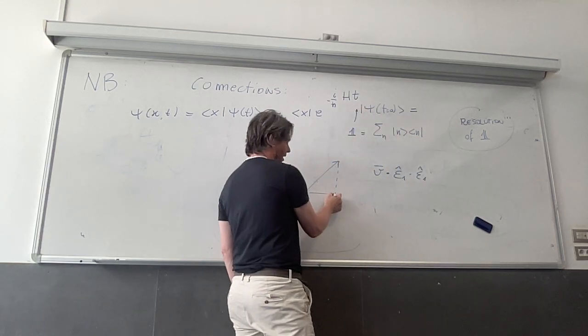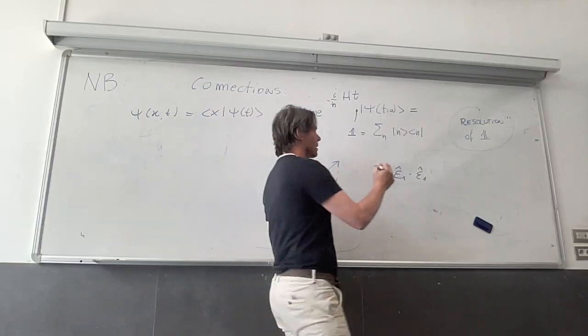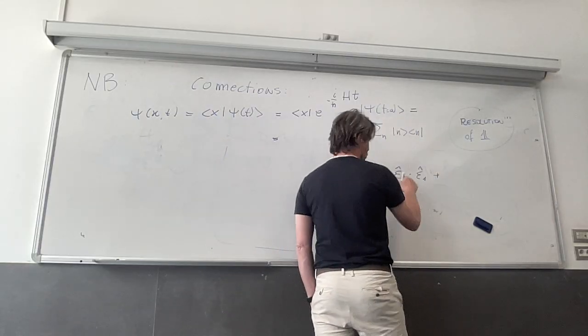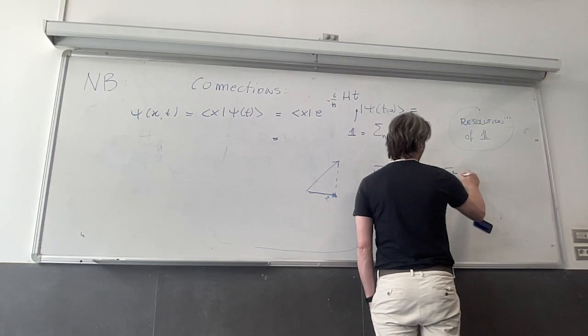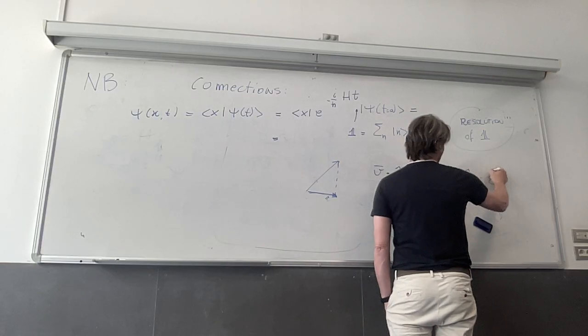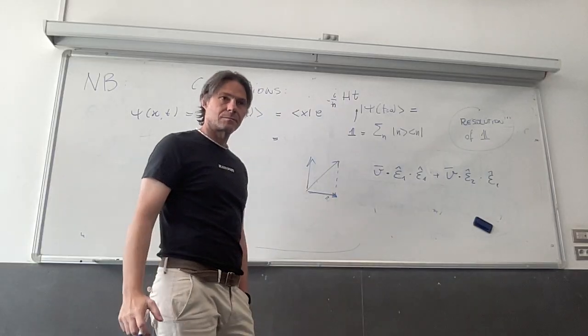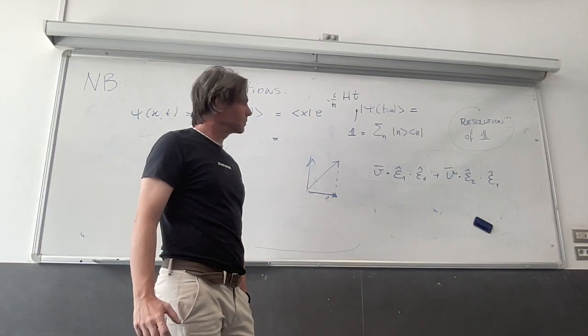So I get this vector, right? Plus, I project the vector over epsilon 2, and I multiply by epsilon 2, and I get this vector. Right?